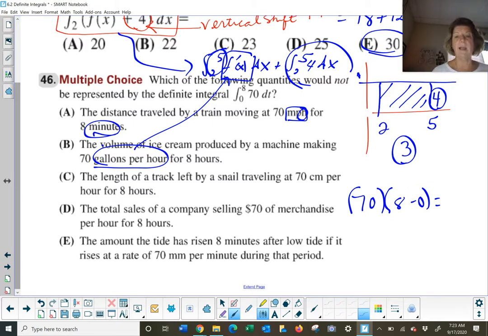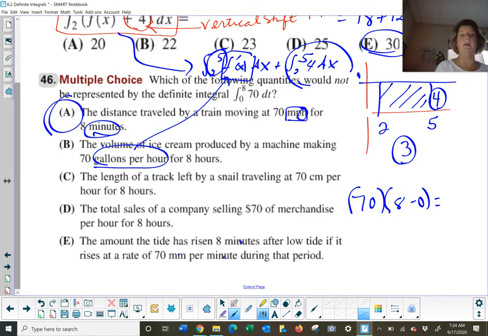The length of a track left by a snail traveling 70 centimeters per hour for 8 hours. I think that's fine. The total sales of a company selling $70 of merchandise per hour for 8 hours seems fine. The amount the tide has risen 8 minutes after low tide, if it rises at 70 millimeters per minute, millimeters, minutes, that seems fine.